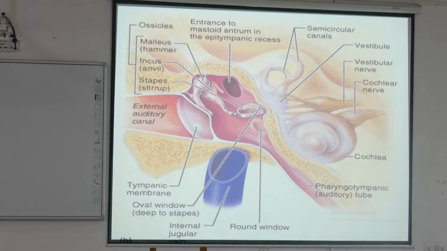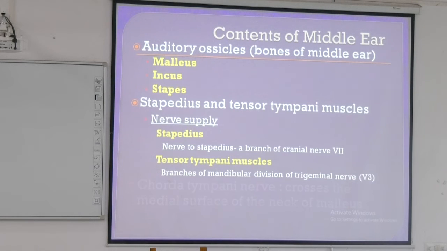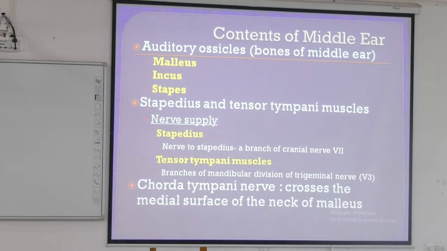Now this middle ear cavity has as its content these 3 ear ossicles, malleus, incus and stapes. Along with them we have 2 muscles placed inside it. We call them tensor tympani and stapedius. Now the stapedius and the tensor tympani are sourced from 2 different pharyngeal arches, and they are supplied by different cranial nerves.